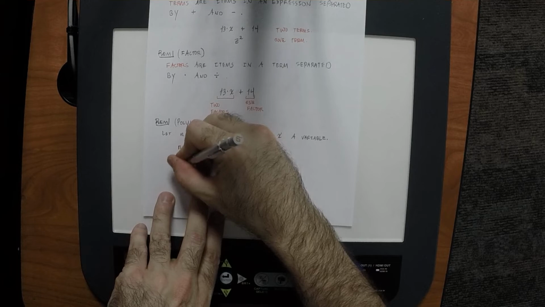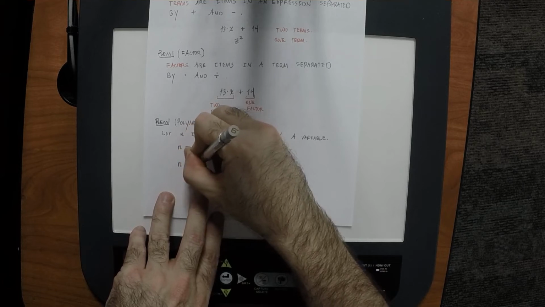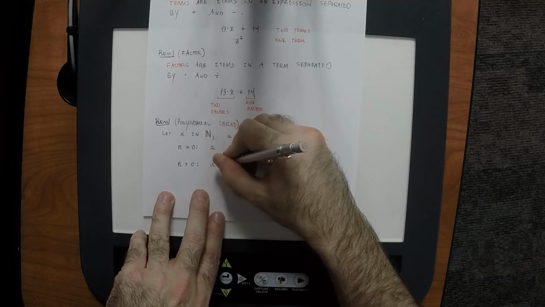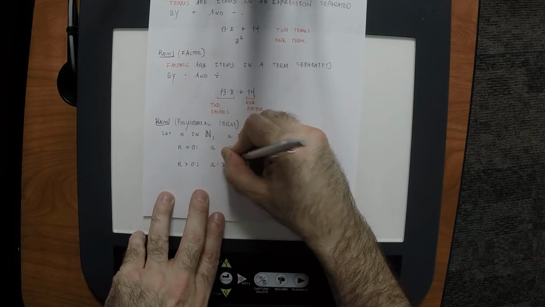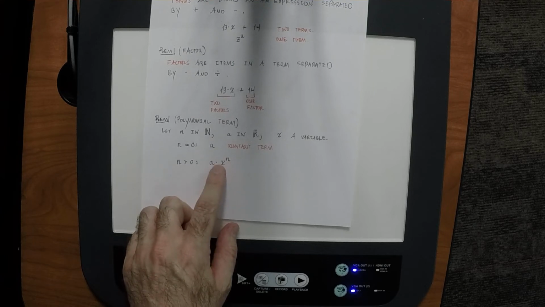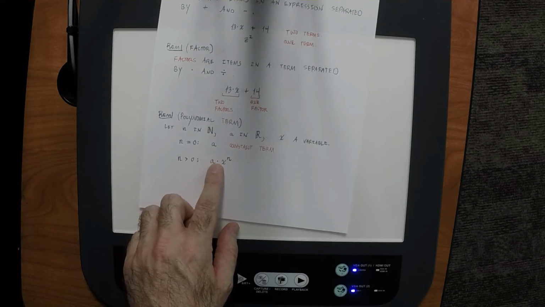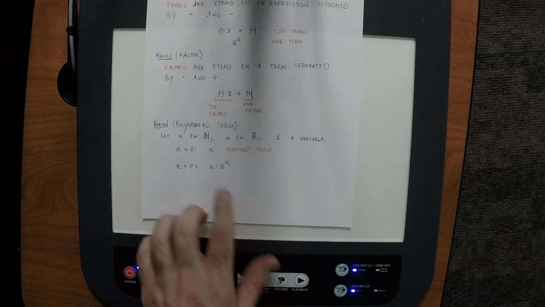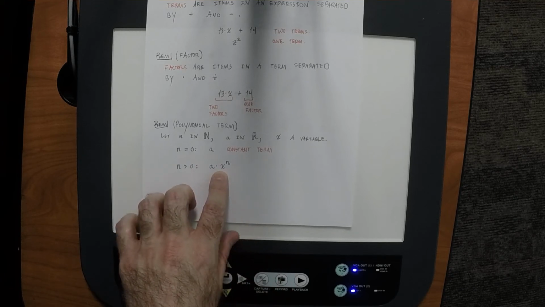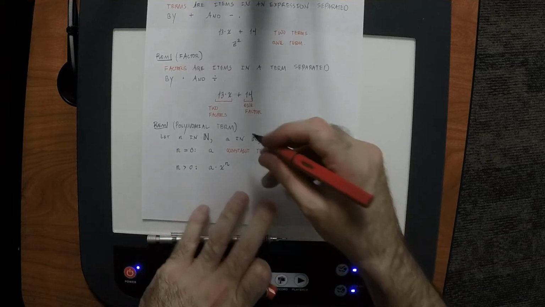It's called constant because the other possibility is that n is more than 0, and in this case, polynomial terms take the form a multiplied by x to exponent n. Such terms that look like this, a multiplied by x to exponent n, are not constant because they have x's in them. So these are non-constant terms.